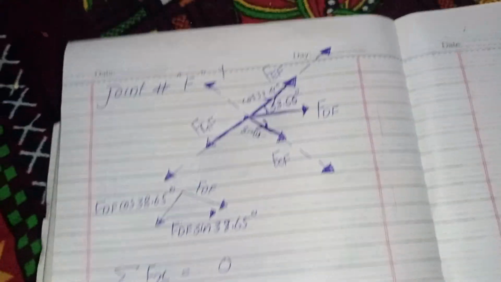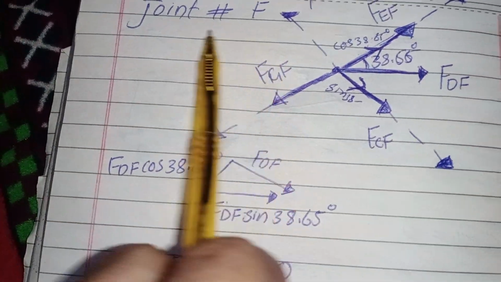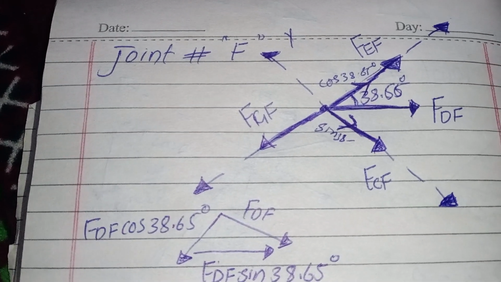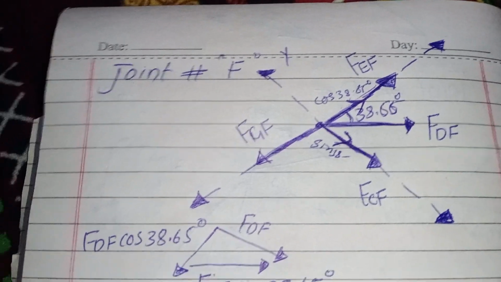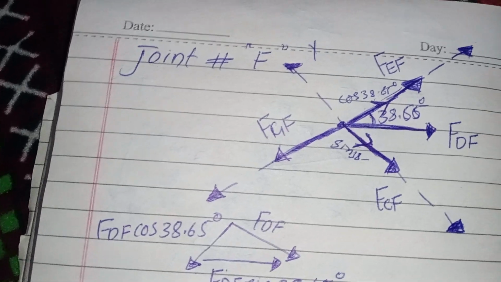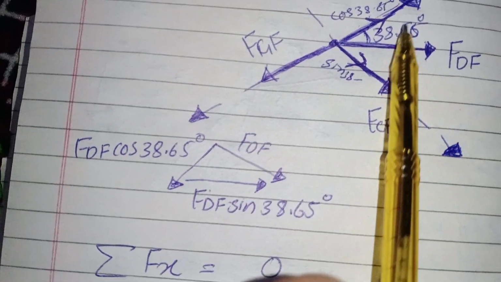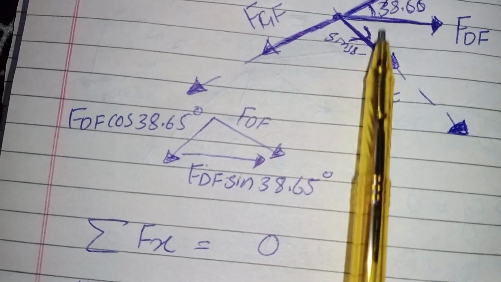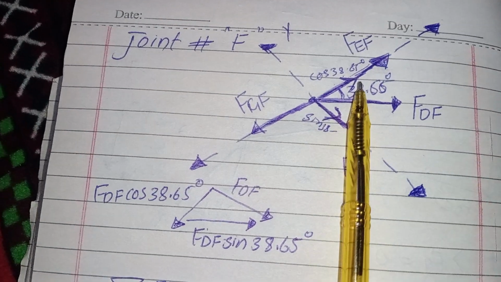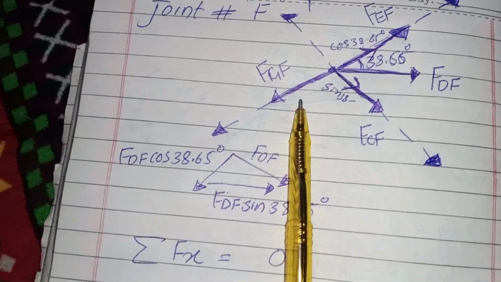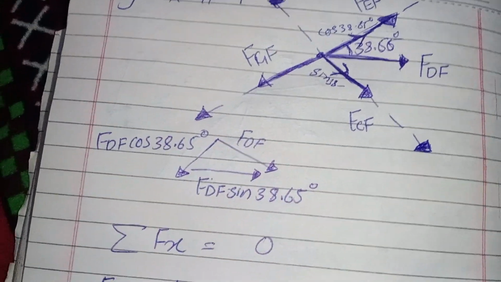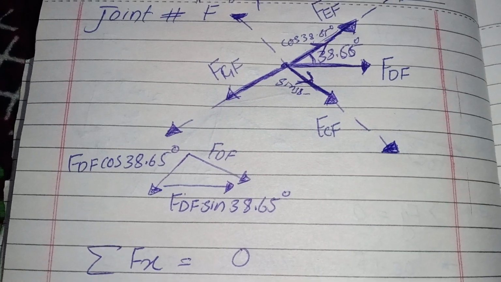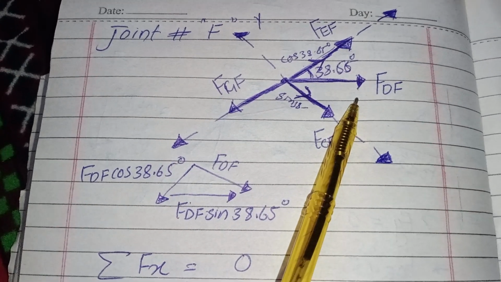Now I select joint F to find the required force in member. Okay. So in joint F there are 4 forces acting on the joint, and first of all I assume that all forces are in tension. If the answer comes with a positive sign, it means that my assumption is right.